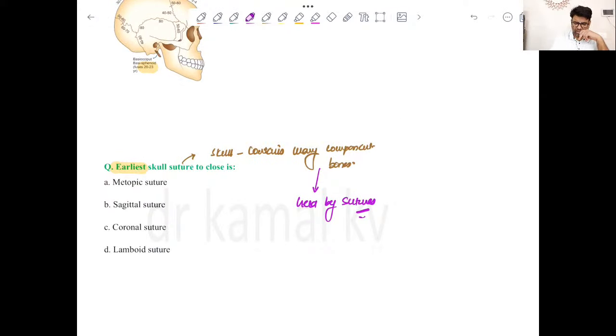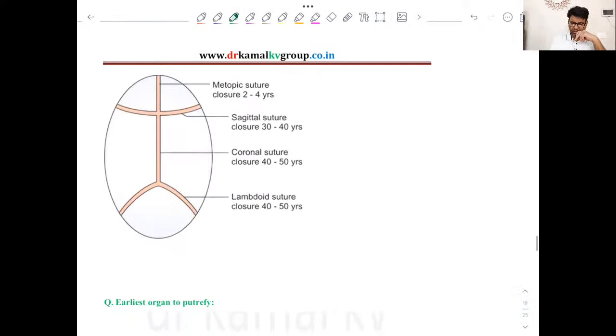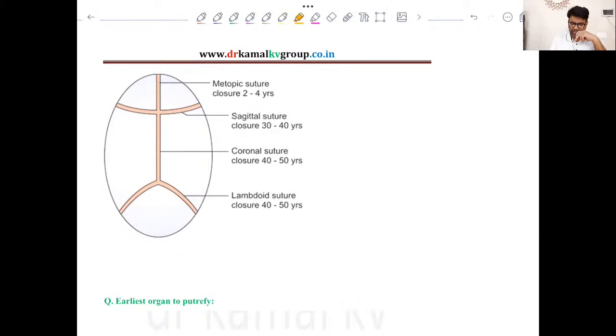See, there is one metopic suture which is present between two frontal bones, right? These are actually two separate frontal bones, and there is a metopic suture, something like this, and this fuses very early, as early as 2 to 4 years, right?